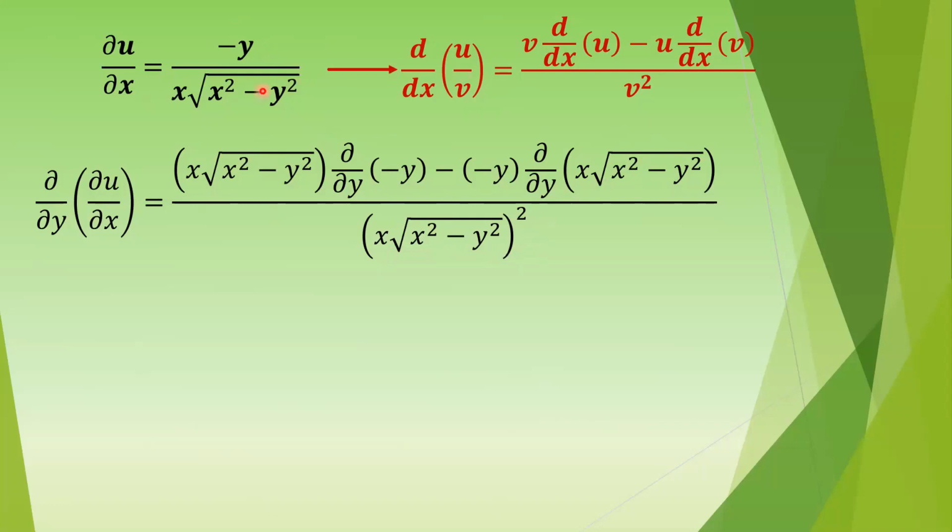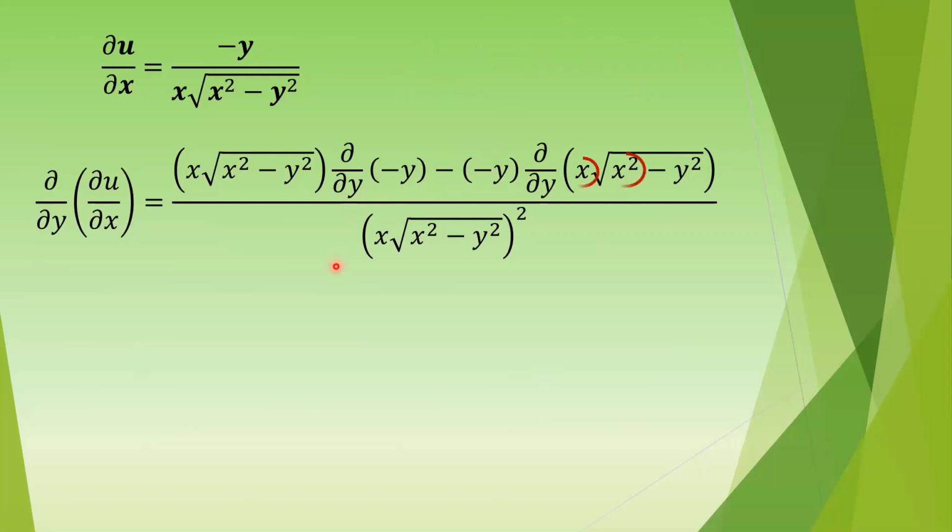So, yun ang ating pinaka-formula. Okay, tuloy natin. So, dito, sa part na yan, since tayo ay with respect to y, so yung x, kaya ang x squared na yan, yan ay constant. Sige, tuloy natin.